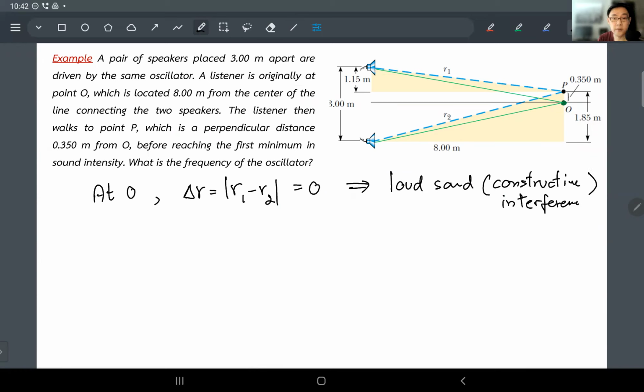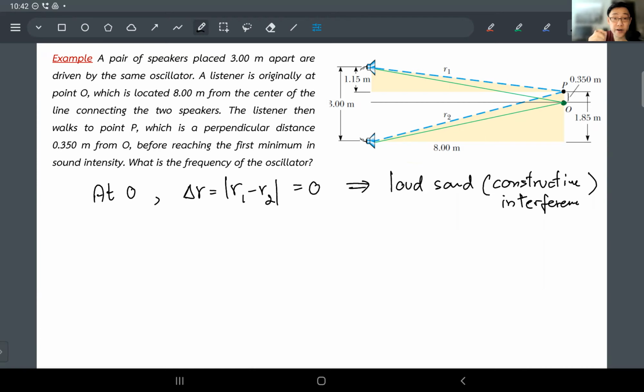There you go. Nice. Now you move away from point O by walking up. So the conditions will start to change a little bit, because now R1 will have a different value and R2 will get a little bit longer. So now you have some non-zero path difference. However, once you reach point P, what happened, guys?